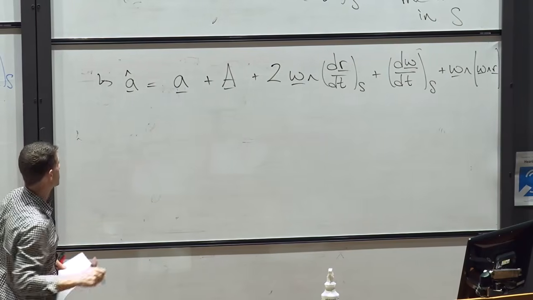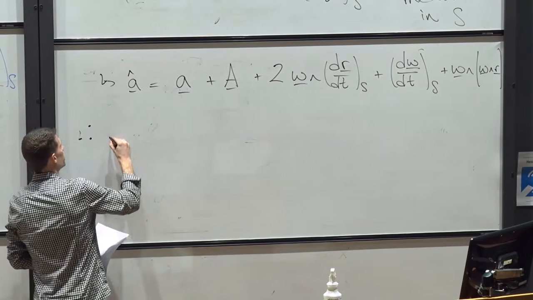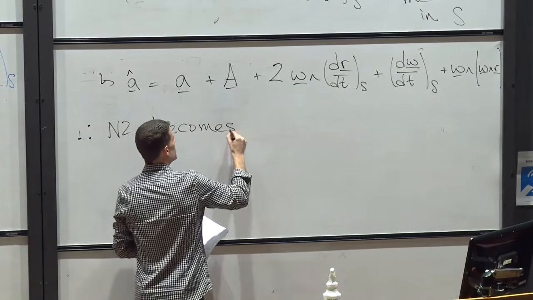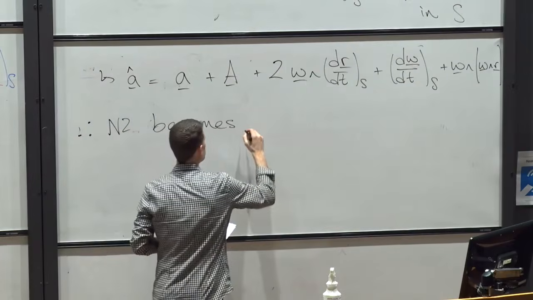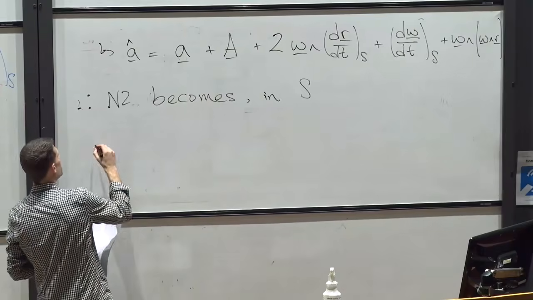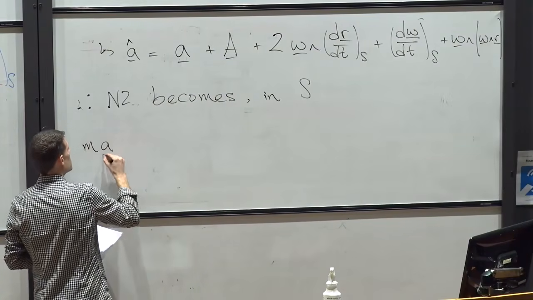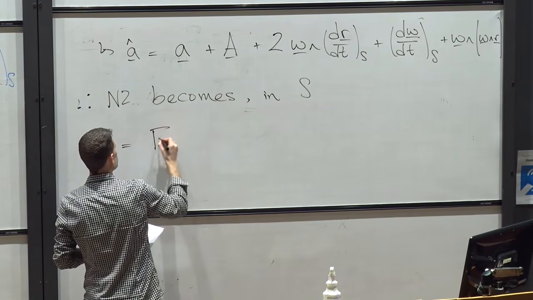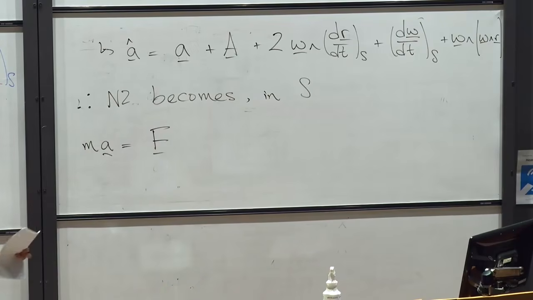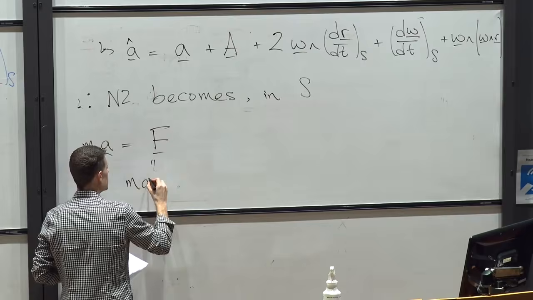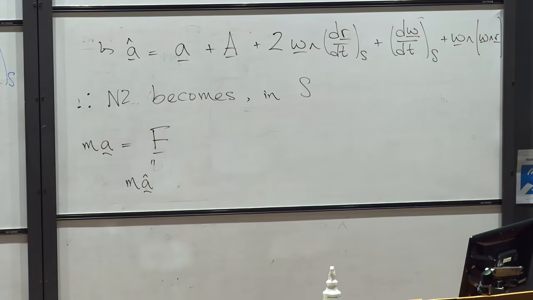So therefore, Newton's second law in the S frame looks like m times non-hatted A is F, and by F I mean whatever external forces there are, so that F is the same as m times A hat.